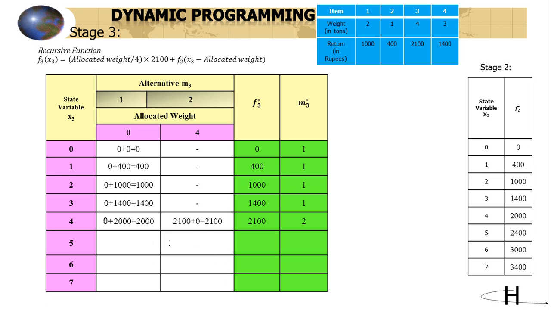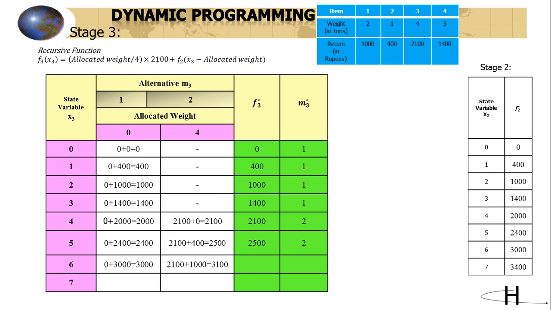Now when x3 equal to 5, the recursive function values for weight 0 will be 2400, and for weight 4 it will be 2500. The best recursive function value will be 2500 with respect to alternative 2. For x3 equal to 6, for 0 allocated weight the value will be 3000, and for 4 it will be 3100.